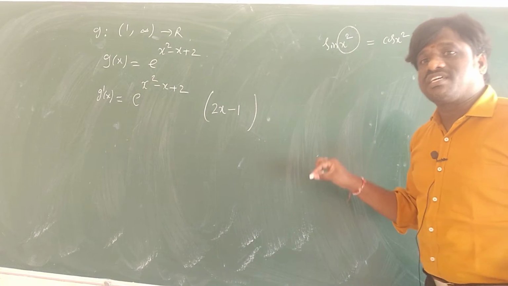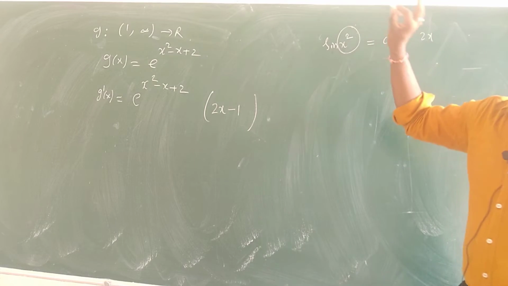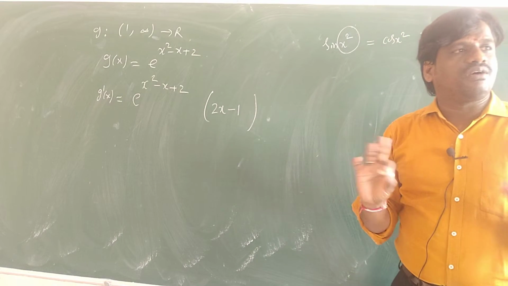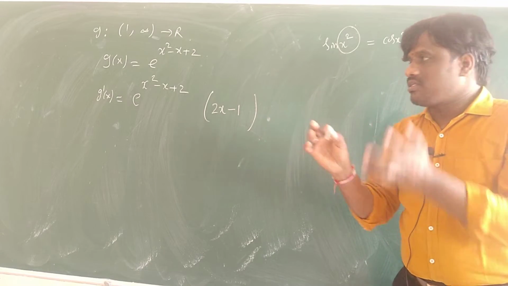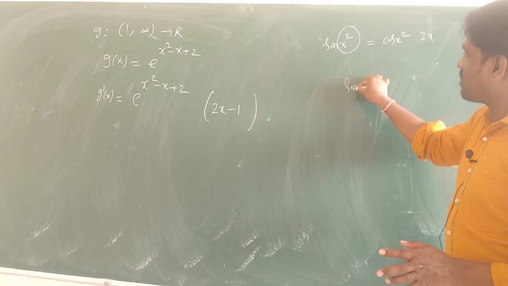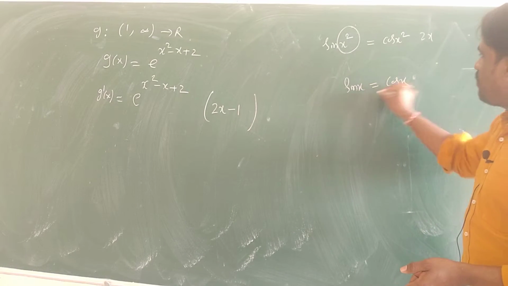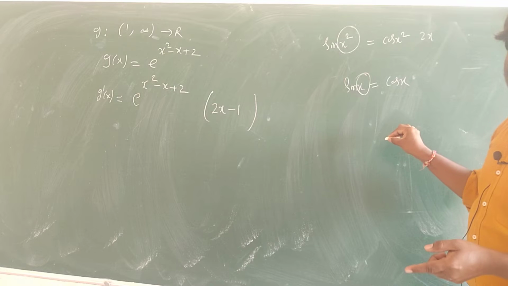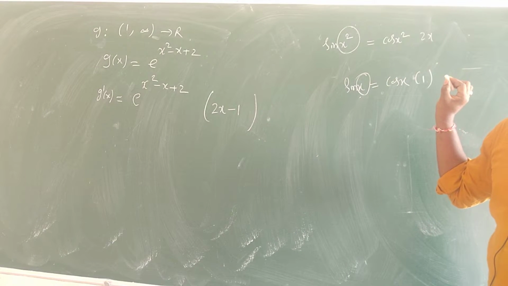What is the differentiation of x square? 2x. This is the differentiation of the whole function. This is called the chain rule. You know that the differentiation of sin x is cos x, and the differentiation of x is 1. That's why you get the sin x differentiation as cos x.